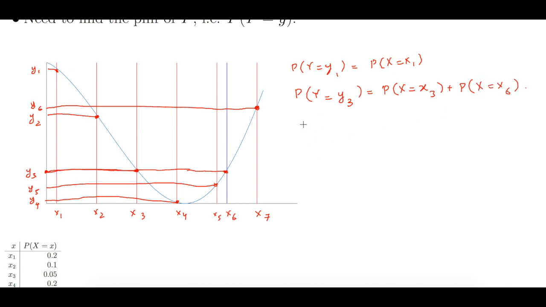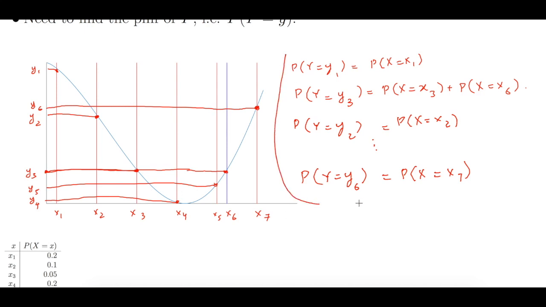Then for y is equal to y2, this is p of x is equal to x2, and we have the last one, y is equal to y6, which is equal to the probability of x is equal to x7. So then this will be my PMF.